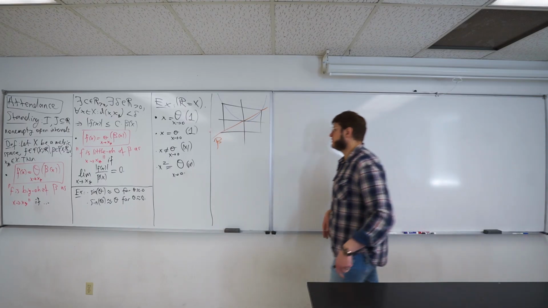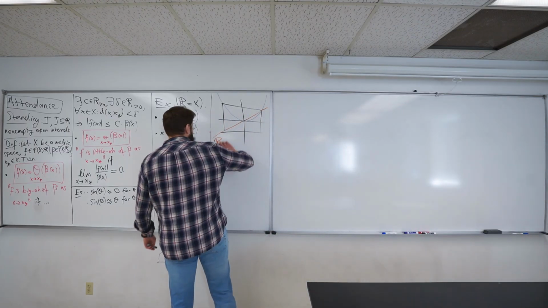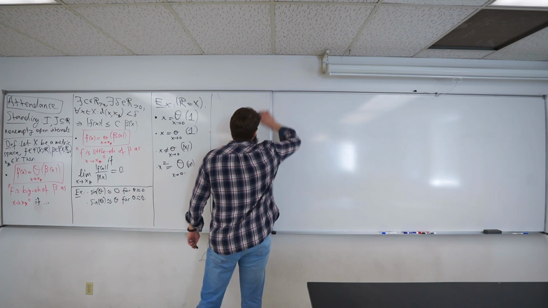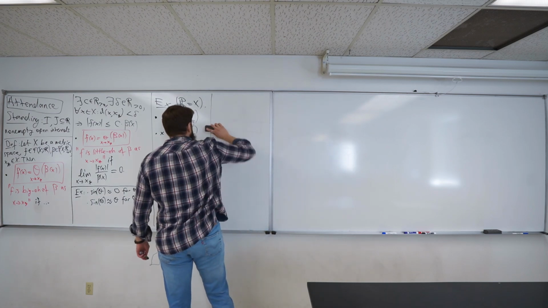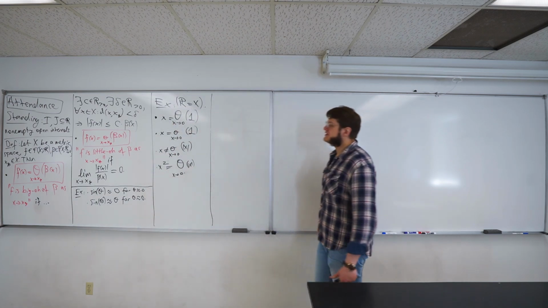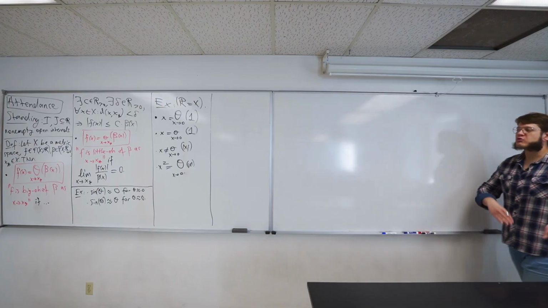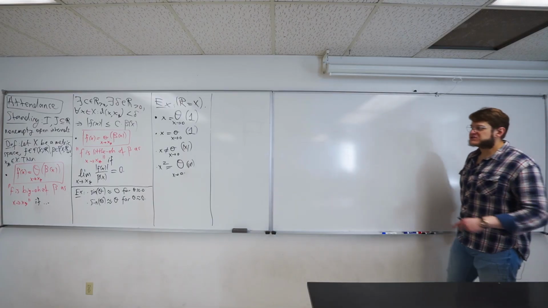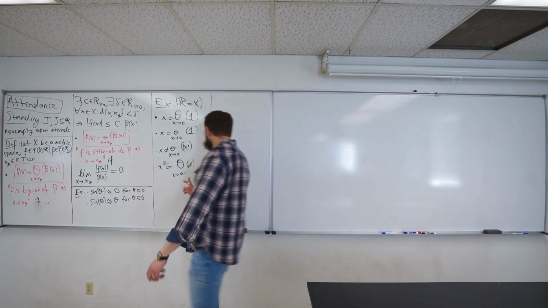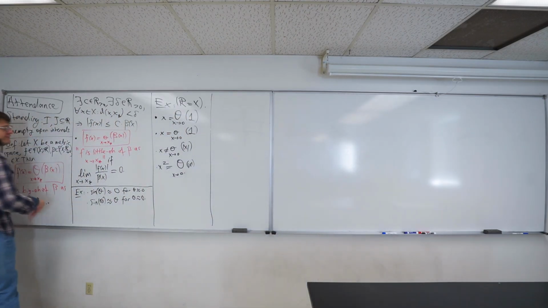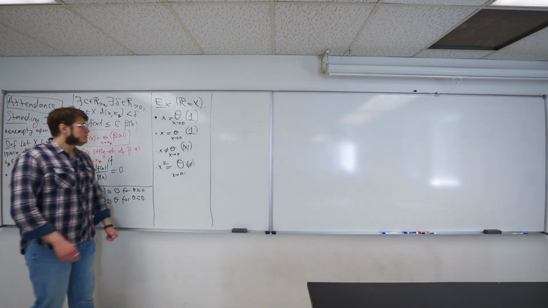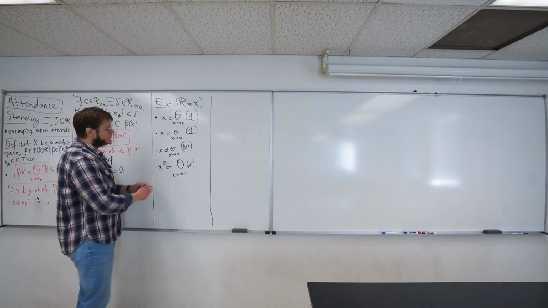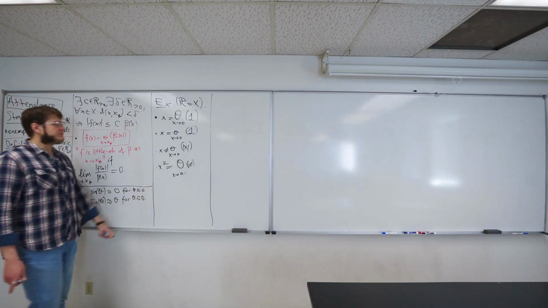So there's a bunch of examples like this you can come up with. You can look at big O or little o as x goes to 0 or x goes to infinity, whatever. Typically, for differential calculus purposes, we're going to take x to 0. And in fact, we're going to take h to 0. You're going to probably see a bunch of problems about this big O and little o.